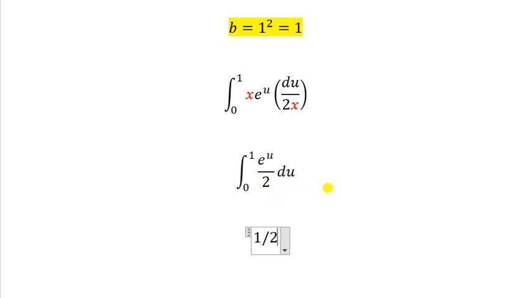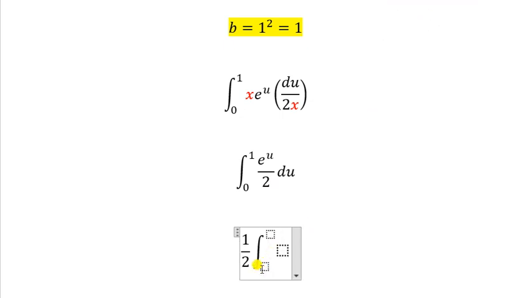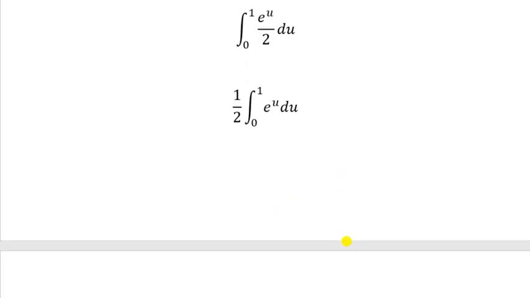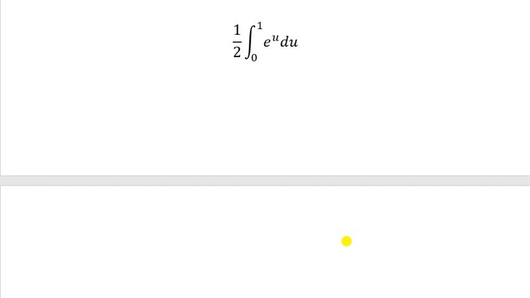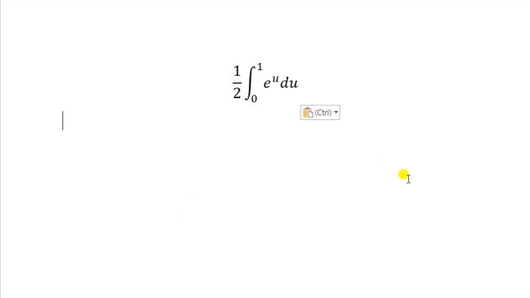So we end up with 1/2 multiplied by the integral from 0 to 1 of e to the u du. So that will be the integral we need to solve. So let's copy this integral here and solve it. Okay, now this is a standard integral, right?